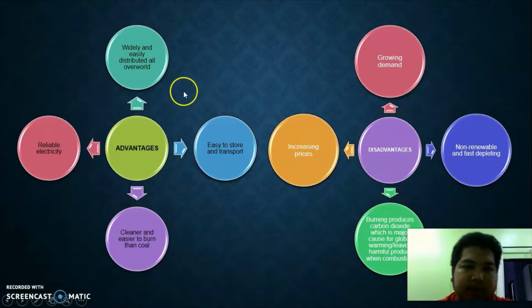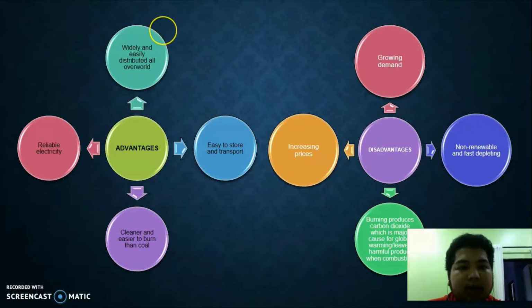Okay, first, for advantages: widely and easily distributed all over the world. This means that all over the world use oil in their routine every day. Second is reliable electricity.